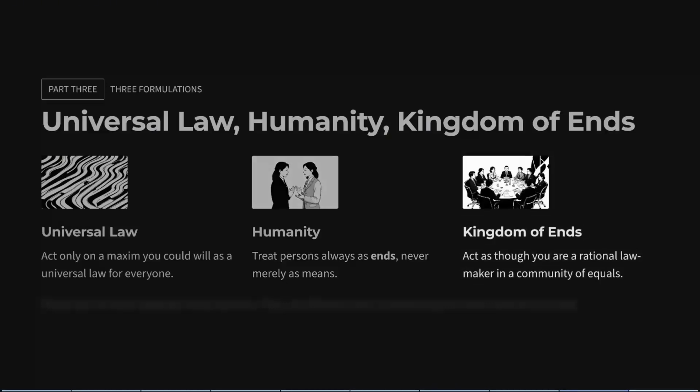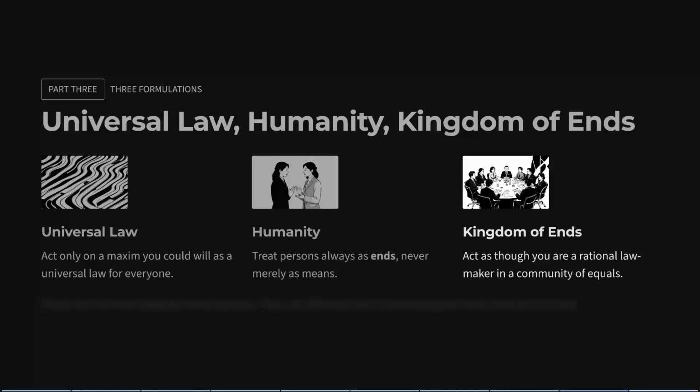And finally, let's look at the formula of the kingdom of ends. Act as if you were, through your maxims, a law-making member of a kingdom of ends, a community of rational agents who treat each other always as ends in themselves. Now, this formulation introduces the social dimension of Kantian ethics.